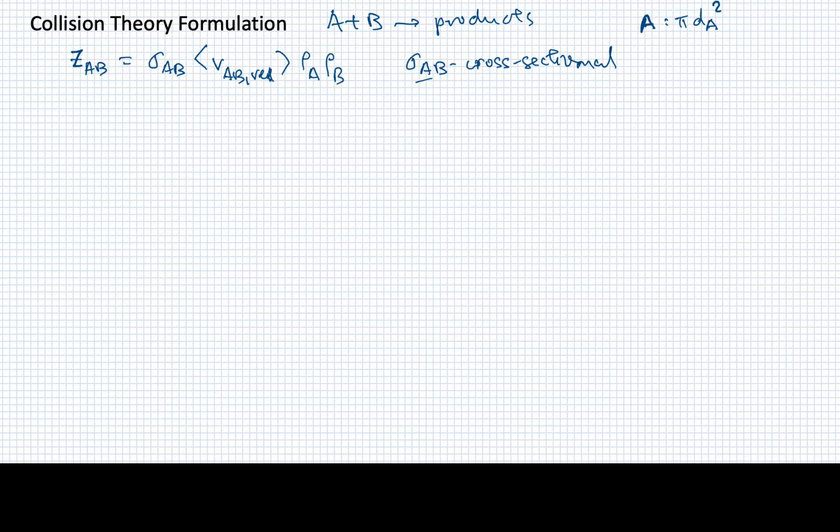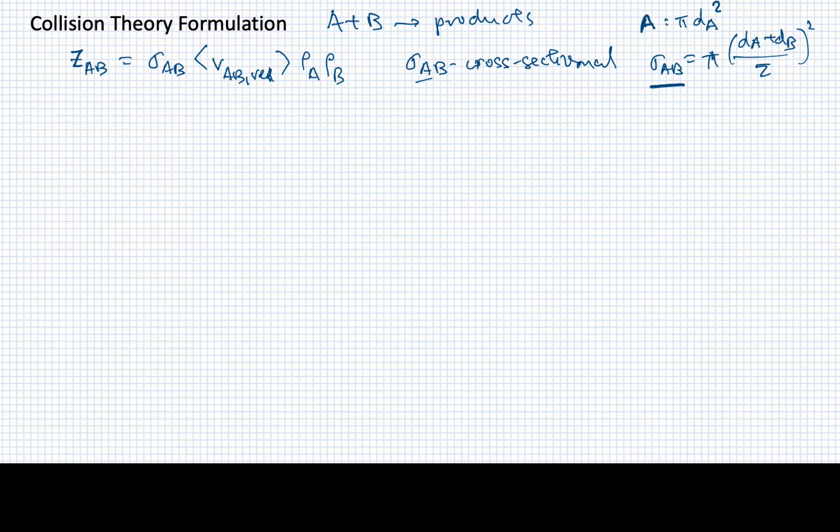When we have two of them, a more appropriate one might look something like this. It doesn't have to, but this would be if we modeled our molecules as spheres. It would be pi times the average of the two diameters, so (d_A + d_B)/2, squared. I don't specify that this is exactly how we define this cross-sectional area because, frankly, molecules have all kinds of shapes, and so this may not be an appropriate way to catalog the shape of this molecule.